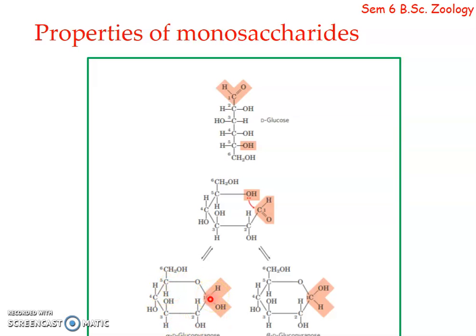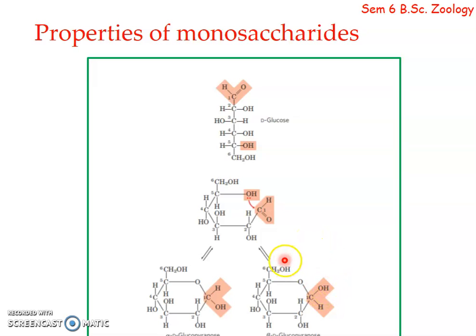Whenever there is an asymmetric carbon, it will become optically active at that position. So with this new asymmetric carbon, 2 isomers are possible: one where the hydroxyl is extended downward from the plane, and one in which the hydroxyl is extended above the plane.